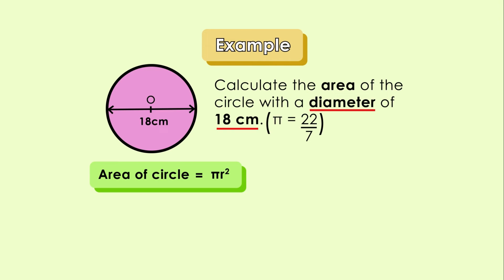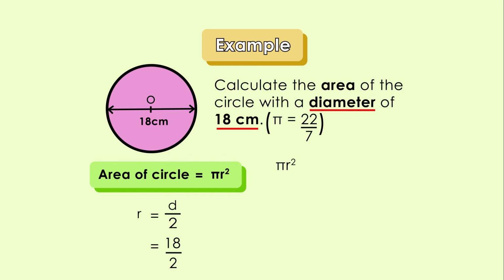Given that the diameter is 18 centimeters, what is the relationship between the radius and the diameter? You have got it right. The radius is half of the diameter. Since the diameter is 18 centimeters, therefore the radius is 18 over 2. Let's work this out together.